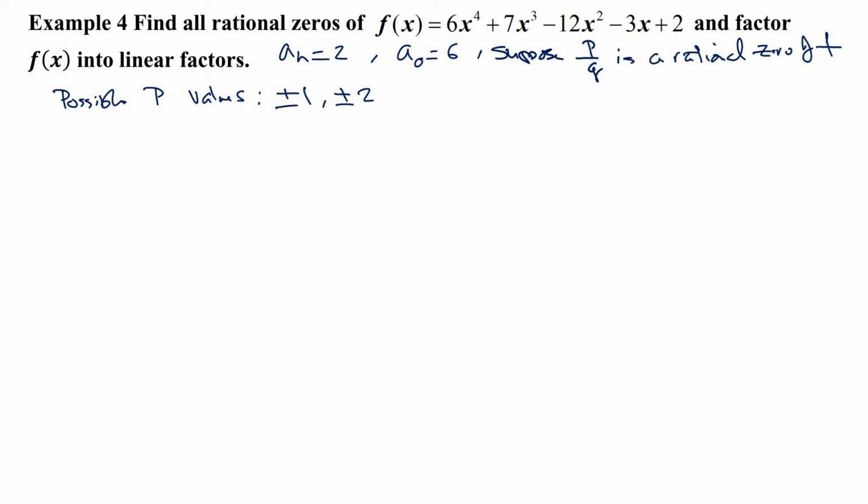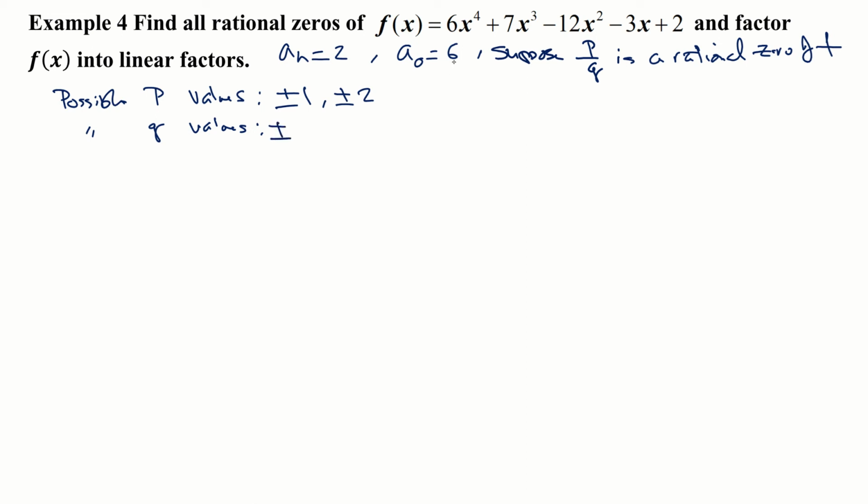All right, so what are the possible Q values? Well, they're going to have to be factors of 6, right? So what are all the possible factors of 6?